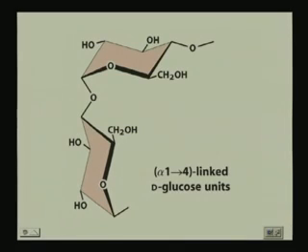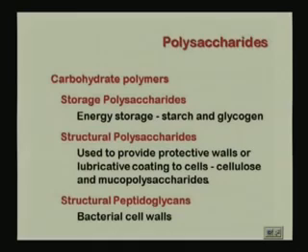Now, when we have the chair conformations and we know that we have equatorial and axial bonds, then obviously we are going to have the linkages that are going to result in different structural aspects to the whole disaccharides and polysaccharides. Okay? That is why each of them are going to behave in a different structural fashion. Okay? So, depending on the linkage, it could be starch, it could be glycogen, it could be amylose, it could be amylopectin, whatever. Okay? And that is what we are going to look at.